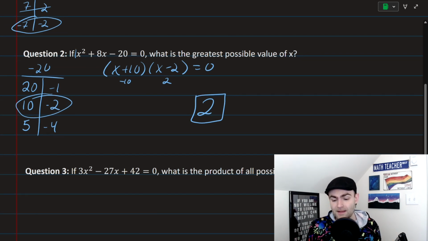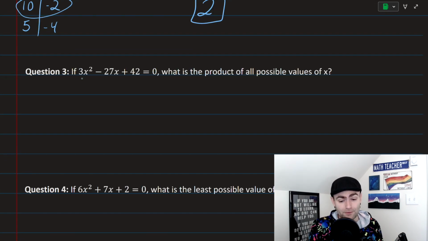Not too bad. Now, if you have a coefficient in front of your x squared, we can try to factor that out first. Maybe we can make the problem simpler into one of those simple quadratics just by factoring out that a value. So if I look here, 27 is divisible by 3, and so is 42.